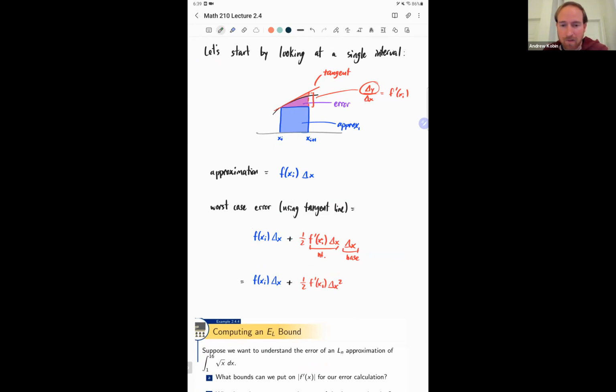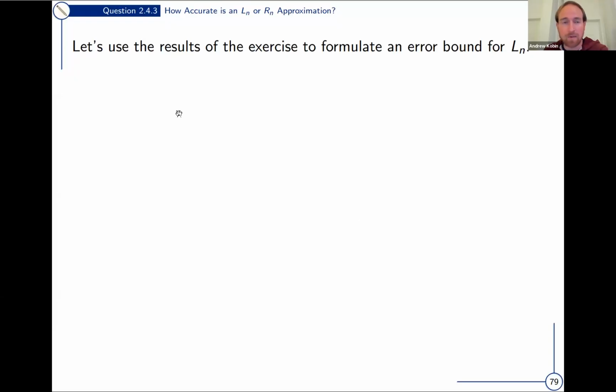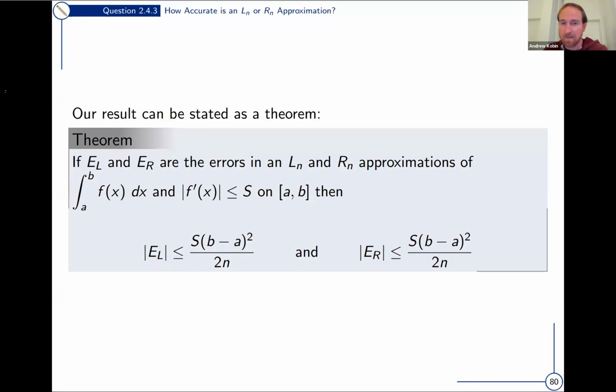Let's turn this into an official formula for an error bound by extending this to every subinterval and every rectangle in our approximation. We're going to state this as a theorem. This is the error bound theorem for left and right endpoint approximations. We proved it on that last example for EL, but this actually works for ER as well if you draw a similar picture.